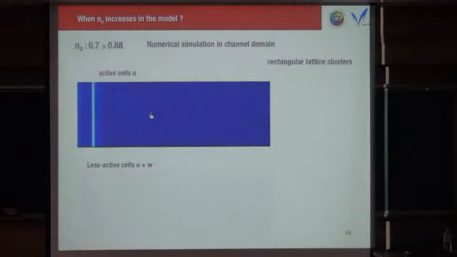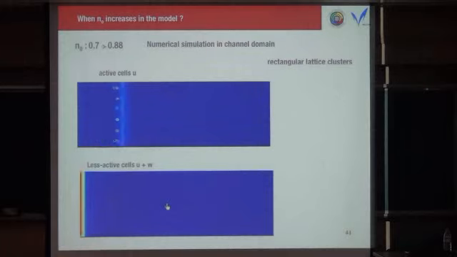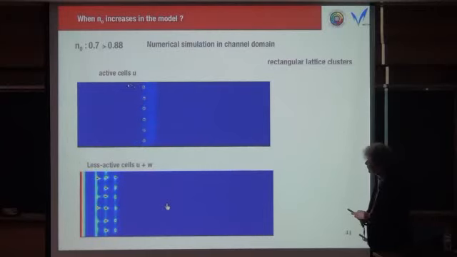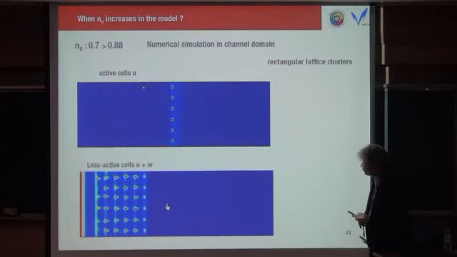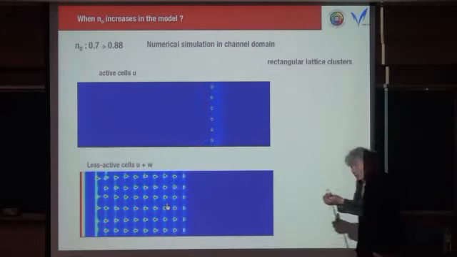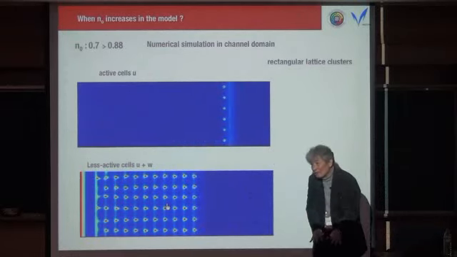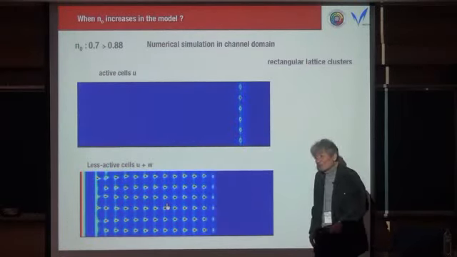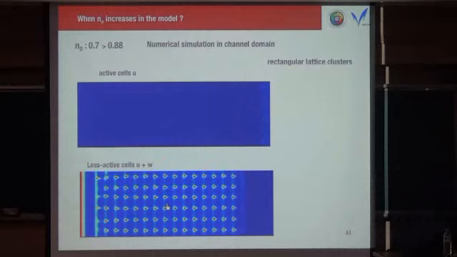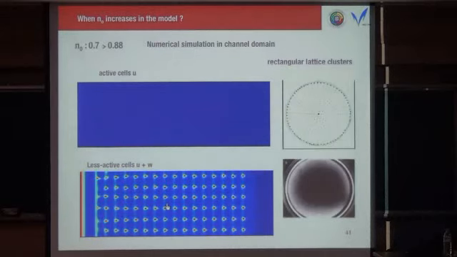Yes, this is U, and this is W, U plus W. So this U is moving here and disappears; what disappears is this W. So U is moving this way, but W is left there. In my model, one cluster of active cells is moving this way, less active cells stay there, and then they show this kind of pattern.